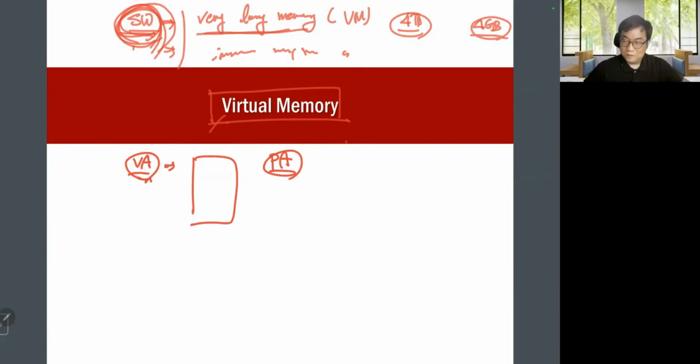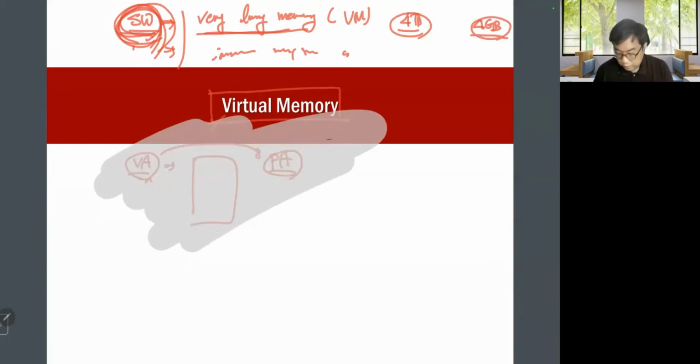So software runs in the real world. So this virtual fake address needs to be translated into a real address in order to access the real data in real physical memory. Okay, so hardware supports this translation. So this is the concept of virtual memory. Understand?